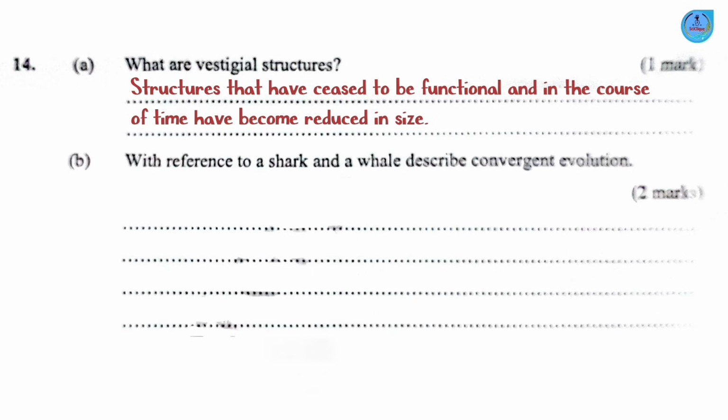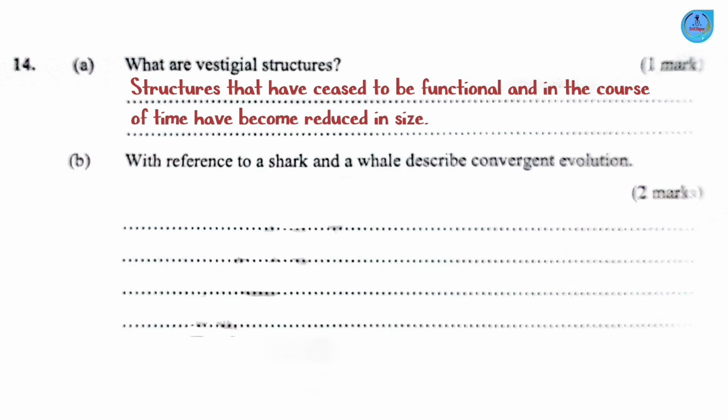They could state that these are structures that have become reduced in size and have stopped functioning. No. These structures stopped functioning, and because they no longer played a vital role in the organism's life, they have then become reduced in size. So it's one after the other. Because they are no longer useful, they then became reduced in size.